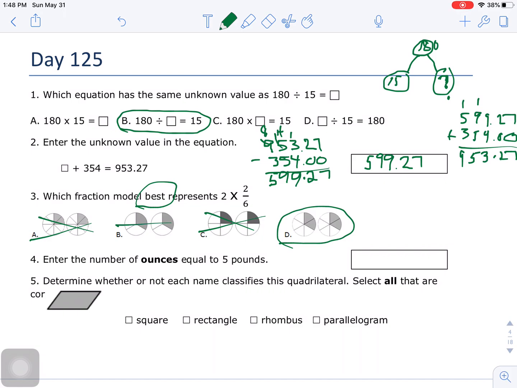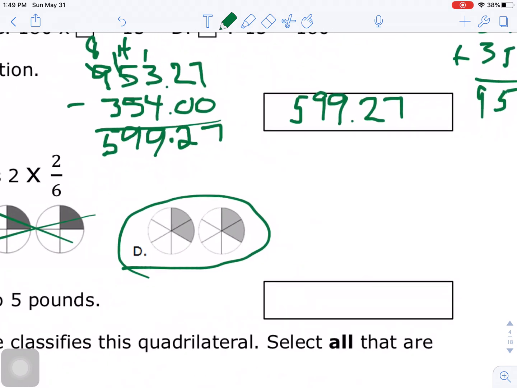Problem number 4. Enter the number of ounces equal to 5 pounds. Well, I start with what I am given. And so I have 5 pounds is equal to blank ounces.